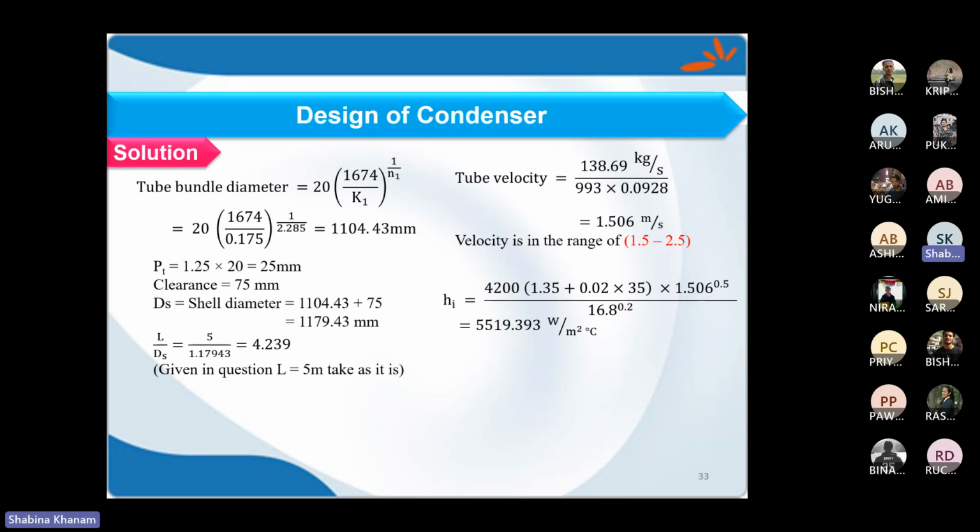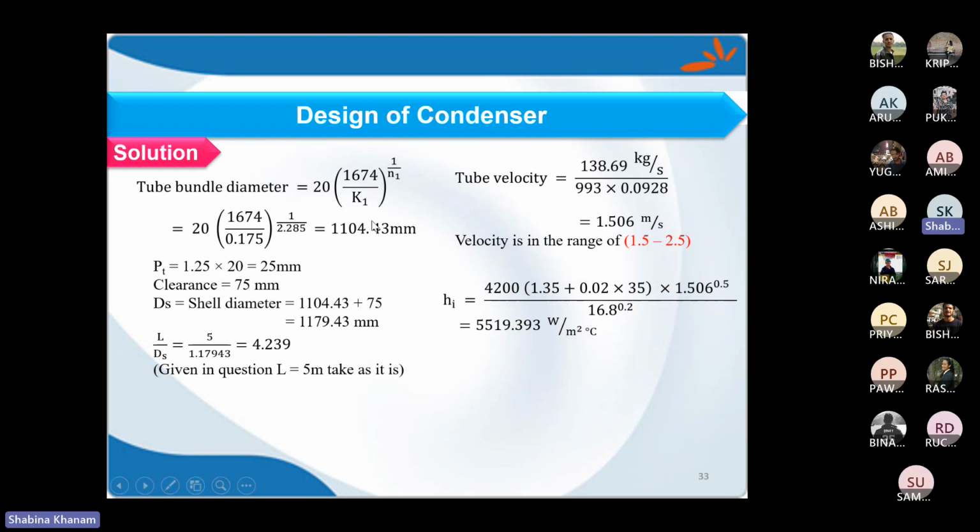Okay, so if you divide this by 4, it will not come as one complete number, it is coming as a decimal value. However, if you consider 1676 instead of 1674, it will be a complete number. Okay, so in that way, you will consider a different number of tubes over here. It should be corrected.